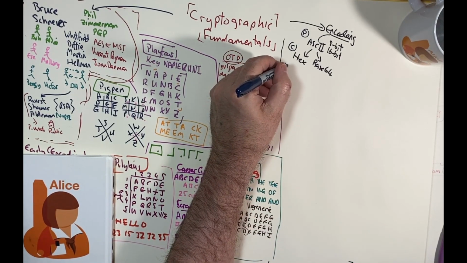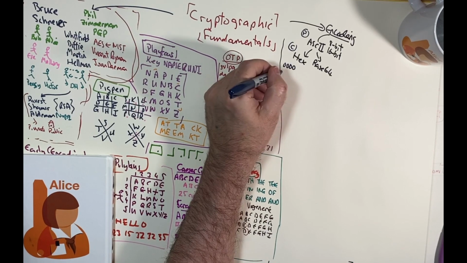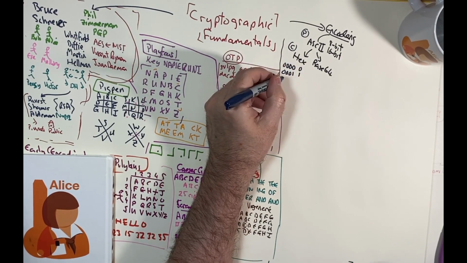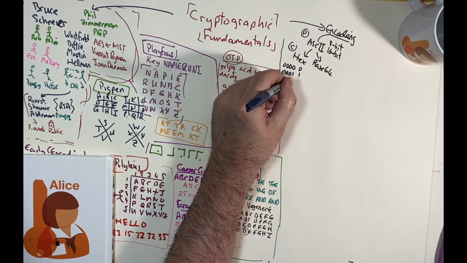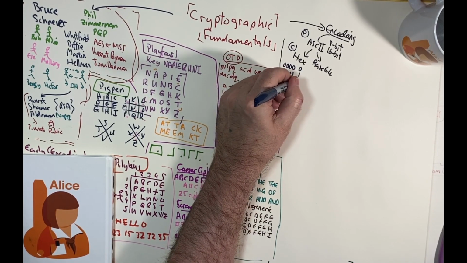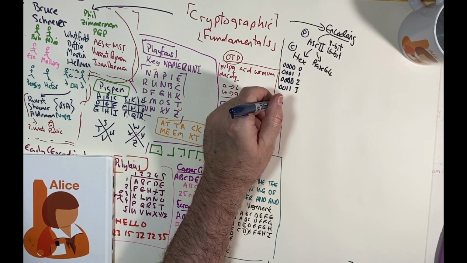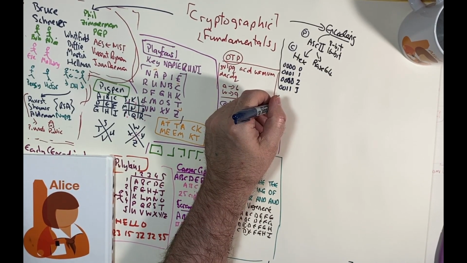Hexadecimal is fairly easy. We take 4 bits at a time and we represent them as a hex character. We just have to remember how to count up to 16, 15.